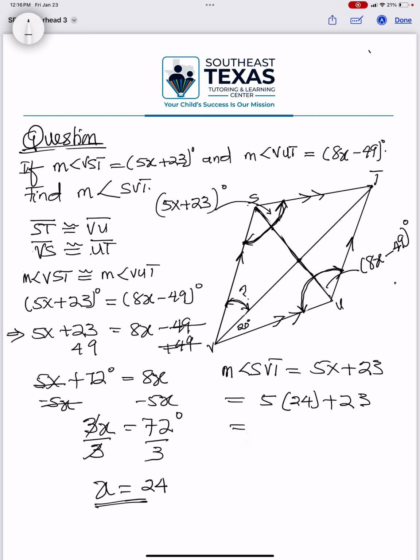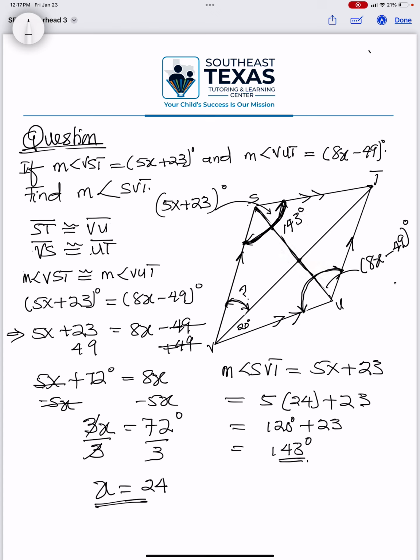So we do 5 times 24, which is 120 degrees, plus 23. So that'll be 143 degrees. So the angle at S from here to here is 143 degrees.